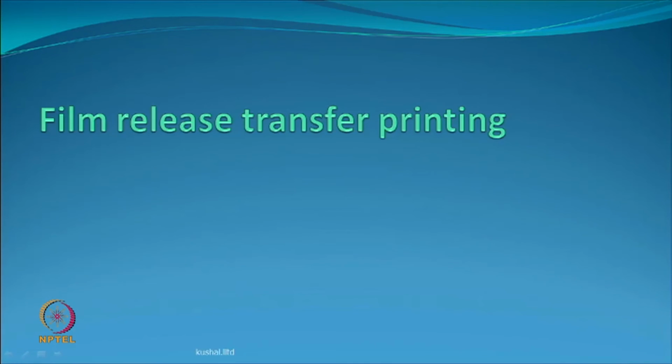So, a little bit, one or two points on film release transfer printing also. Again, film release for purposes other than textile printing is still being done at levels which are of very high commercial success, but transferring film onto textile has been tried.